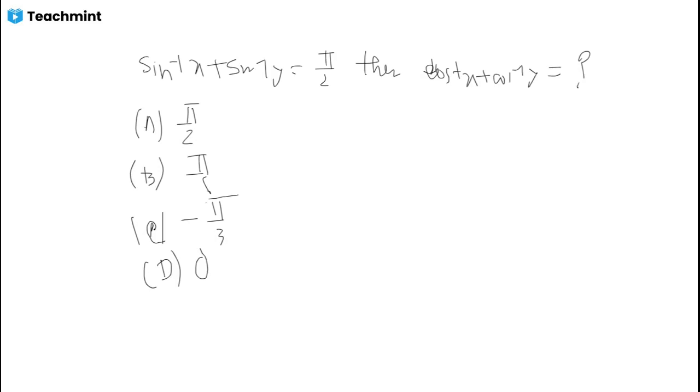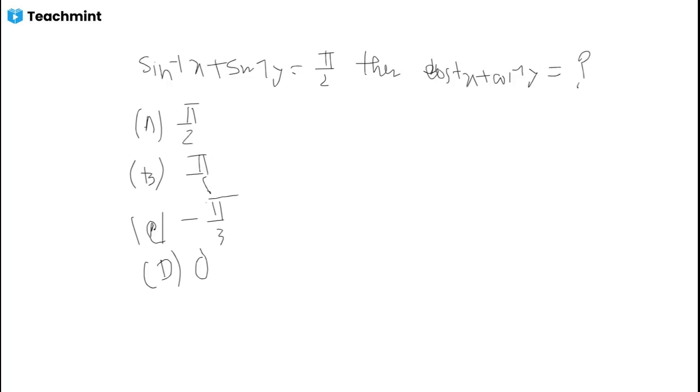This gives cos inverse x plus cos inverse y is equal to pi minus pi by 2, that is equal to pi by 2. Hence the correct answer will be option A, pi by 2.